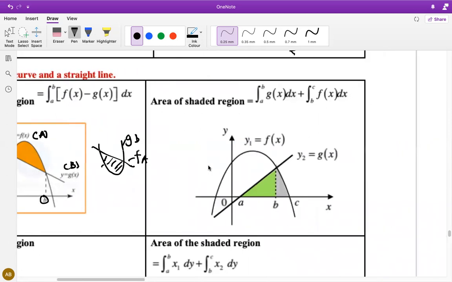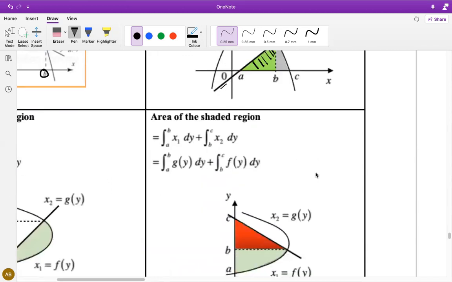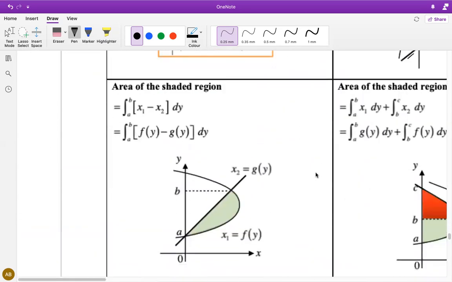And if you have this situation, a straight line and a curve that do not intersect each other, we have to separate into two. This is the straight line, this is the straight line. From A to B is the straight line, gx, and then plus B to C is fx. So this is separate, right? This is the area between the curve and the y-axis. It's the same thing. The curve is above, and this one is below.